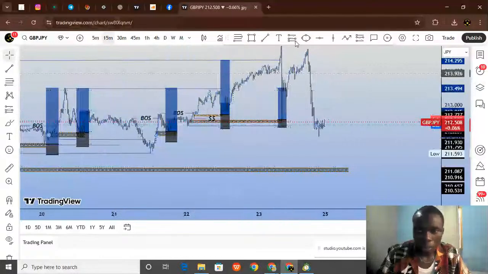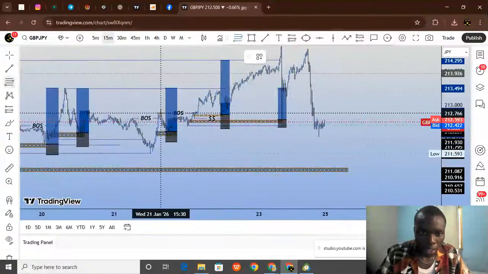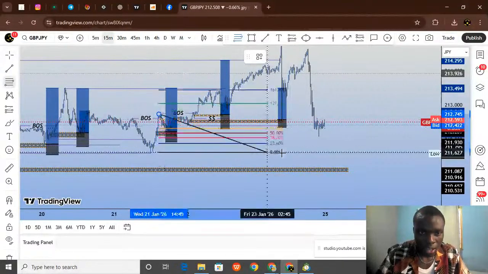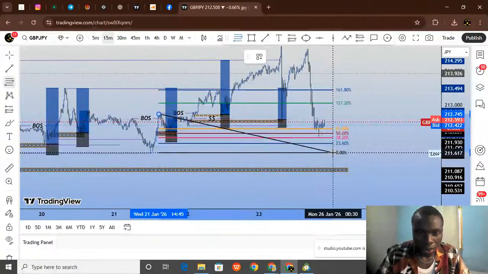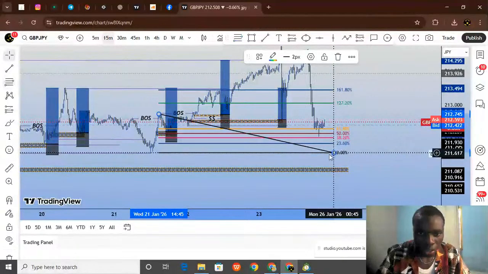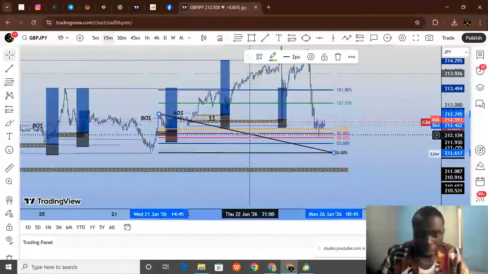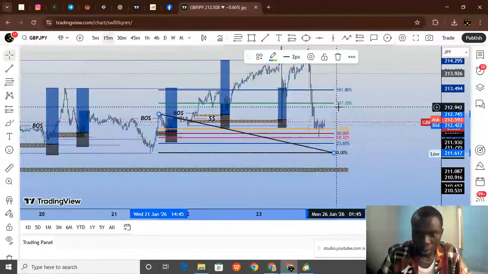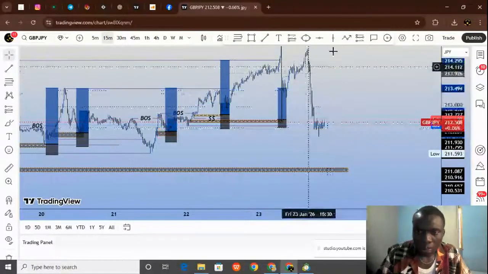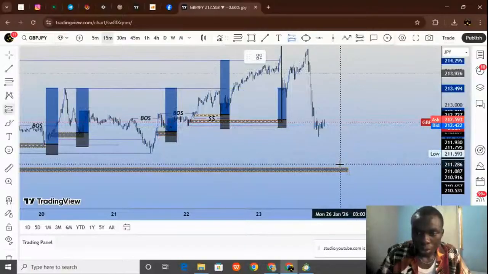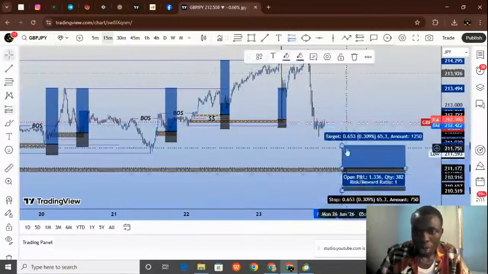I'm not checking for buys here. So let's see here. Currently the price is reacting to this zone, but what we are waiting for is this particular zone, which is going to be our main zone.